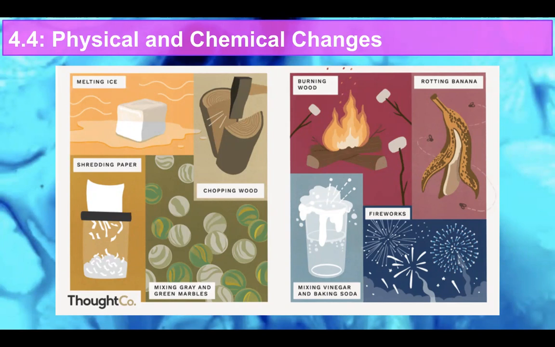So the difference between physical and chemical changes is going to involve a change in the chemical bonds, okay, covalent bonds, and in some cases ionic bonds.